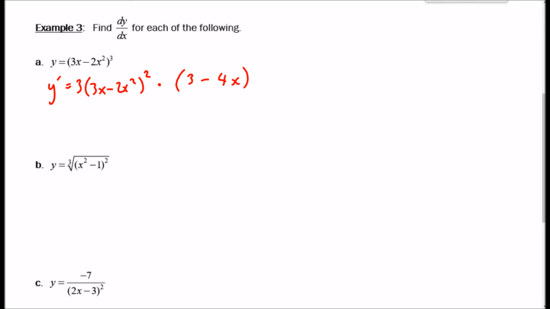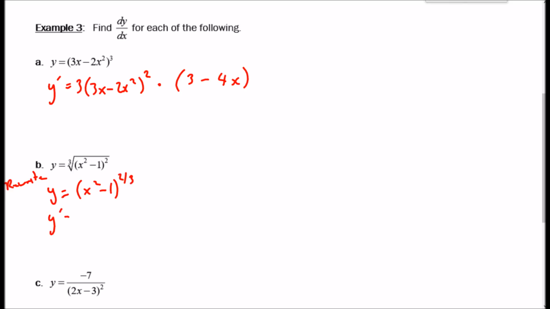And that's done. On example 3b, we need to rewrite this first as x squared plus 1 to the 2/3 power. Remember, the index on the outside is always the bottom of the rational exponent. Now that we have something that looks like the power rule, we apply the power rule.